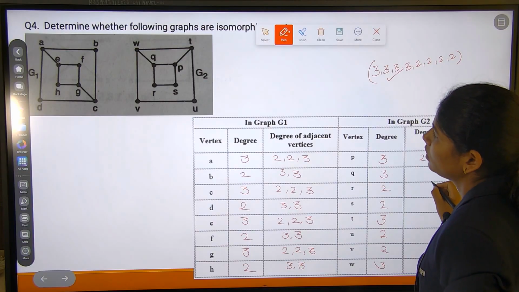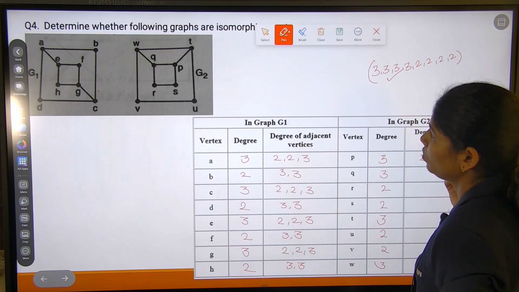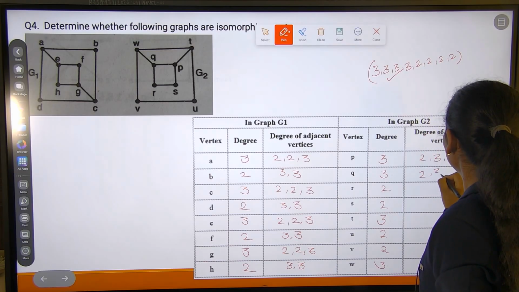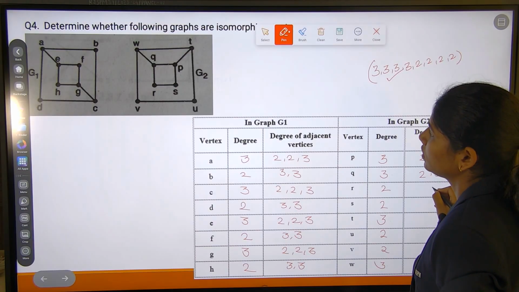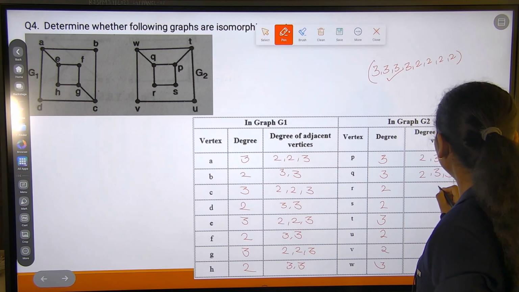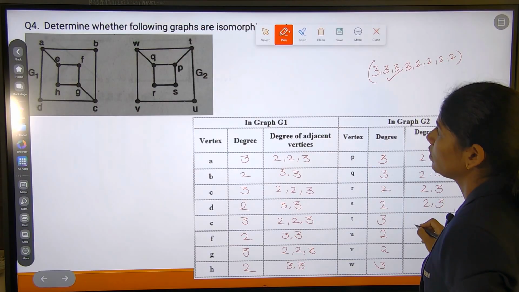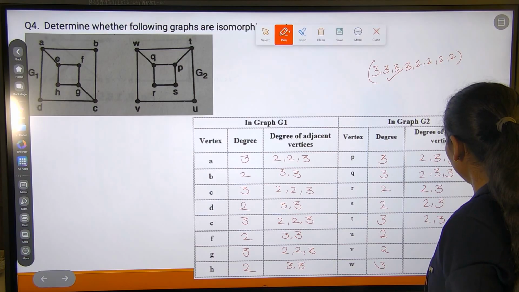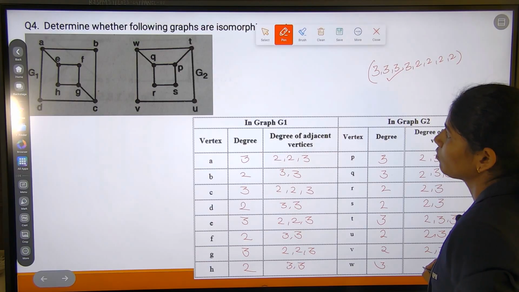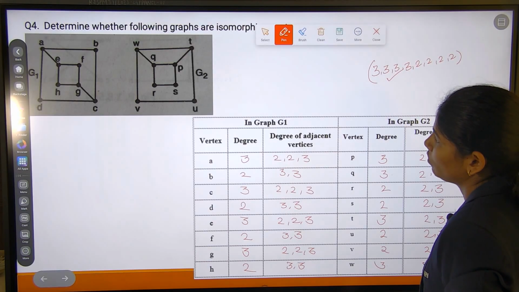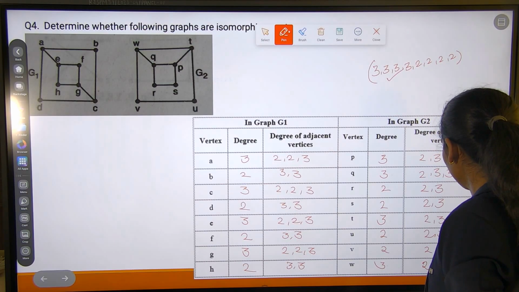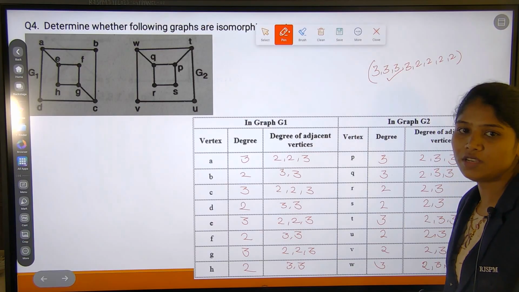For Q, 2 3 3. For R, for W it's 2 3 3. So check for the adjacency preservation.